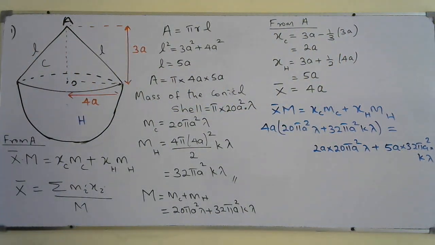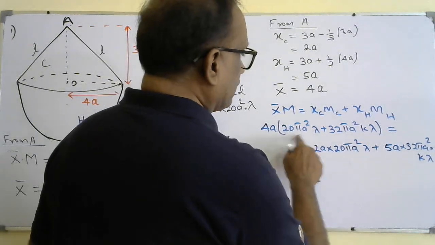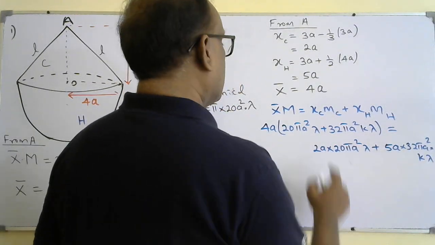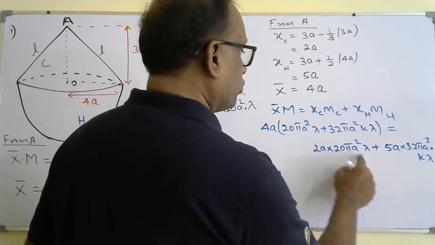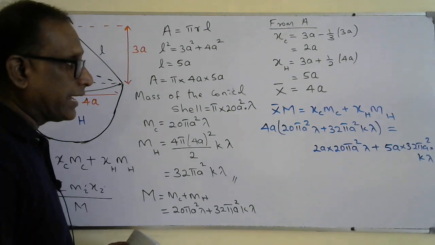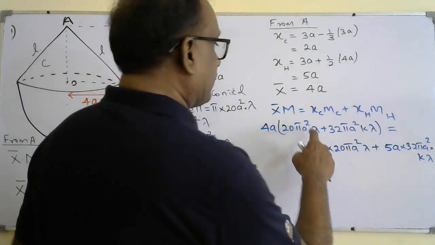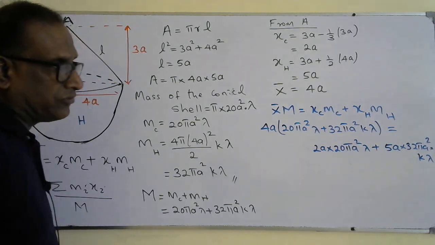Solve it carefully, because there are a lot of numbers. All the pi will get cancelled. Here a cube, here a squared, so you can divide the whole equation by a squared, then by lambda. Solve carefully step by step.